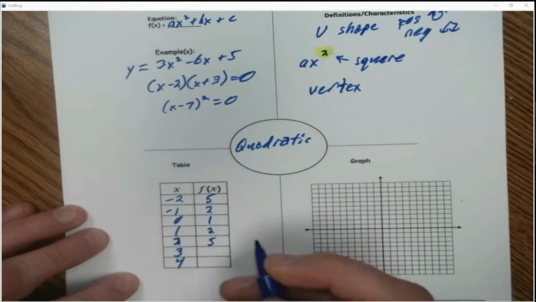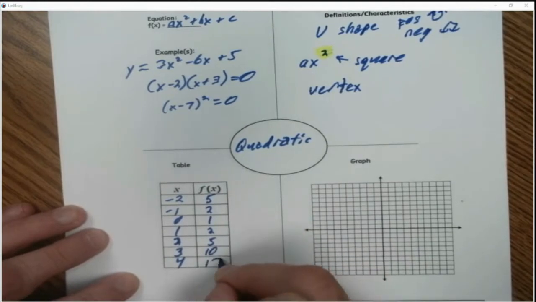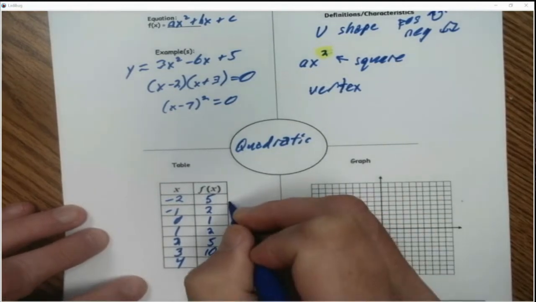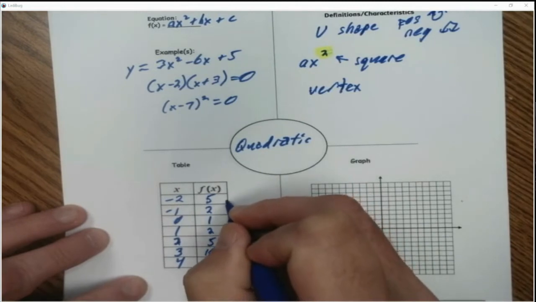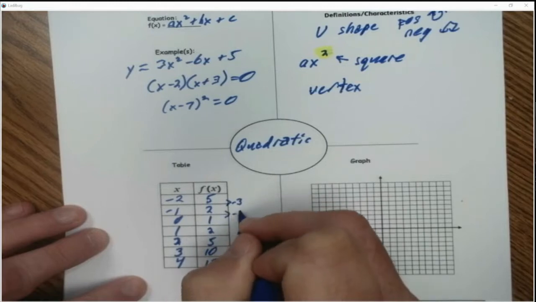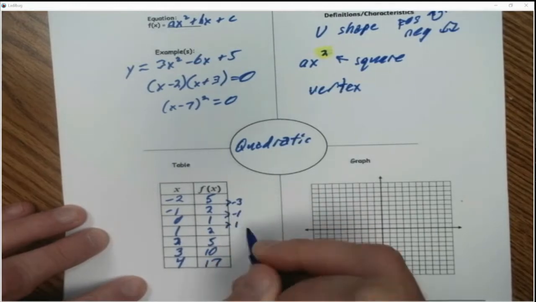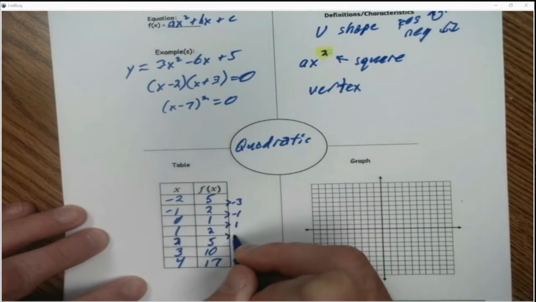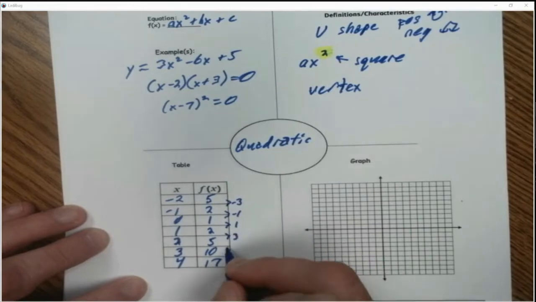We see those repeat again, right? So what we see is this goes down 3. This one goes down 1. This goes up 1. This goes up 3. This goes up 5. This goes up 7.